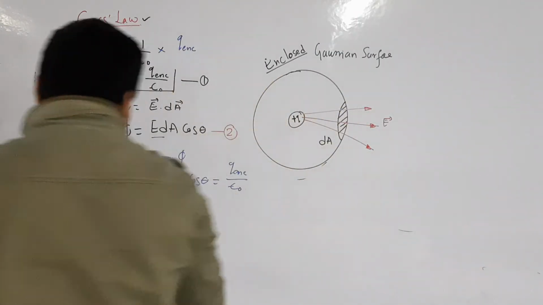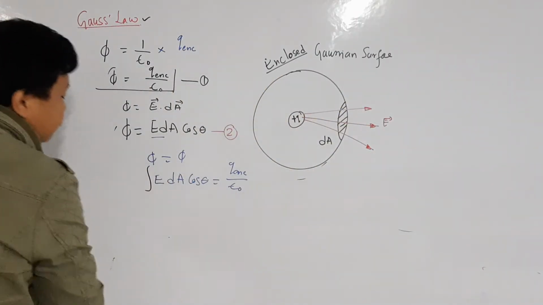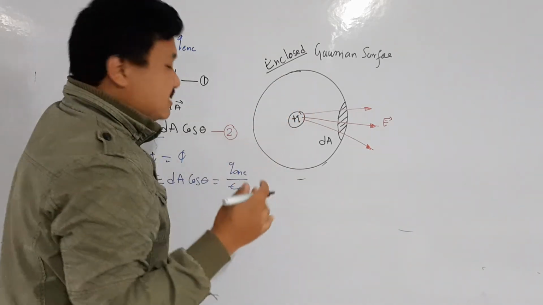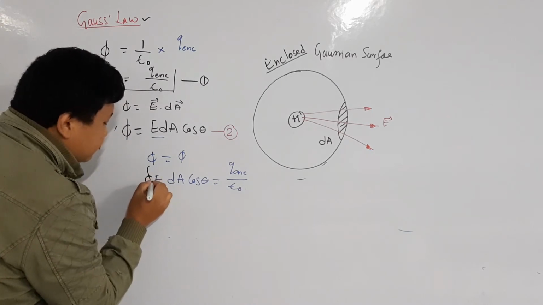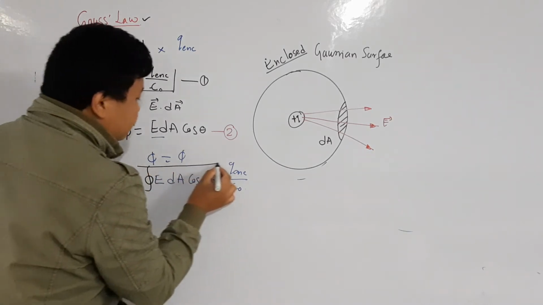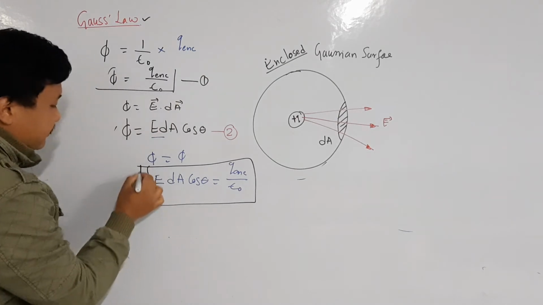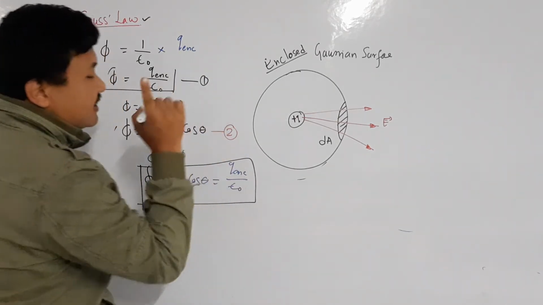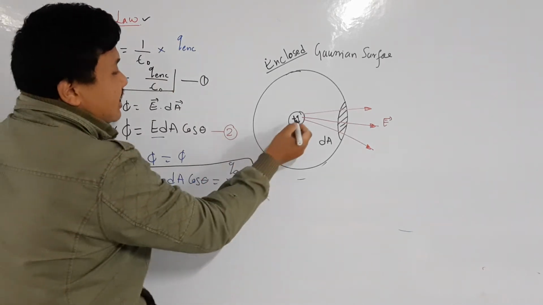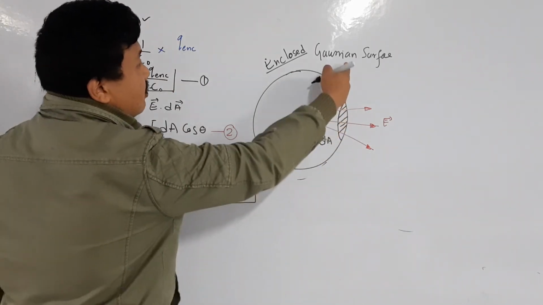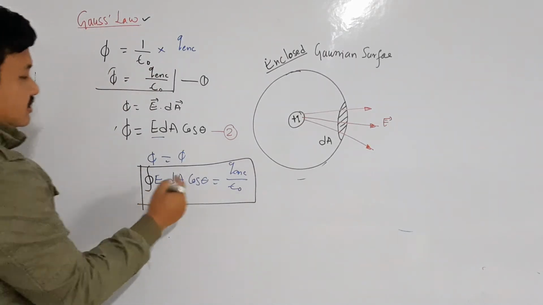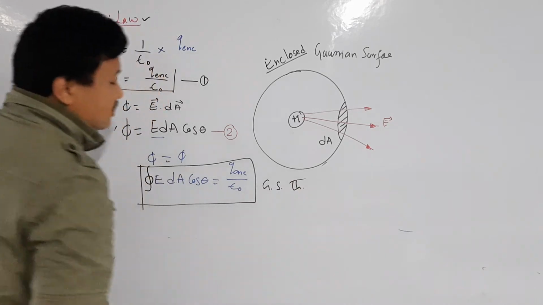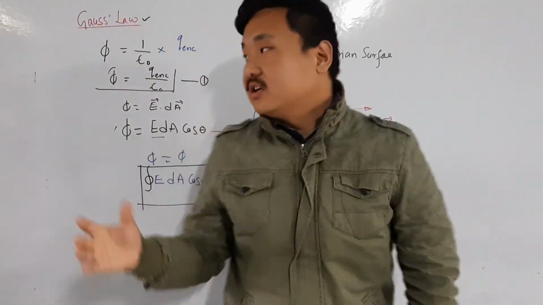This is a closed surface, so the integration over the closed surface of E dA cos theta is equal to Q enclosed by epsilon naught. Q is the charge enclosed by the Gaussian surface. So this is another form of Gauss theorem.